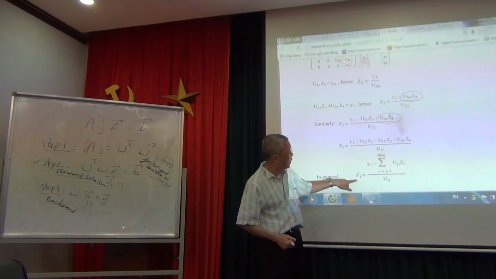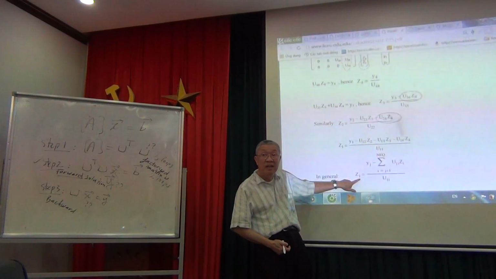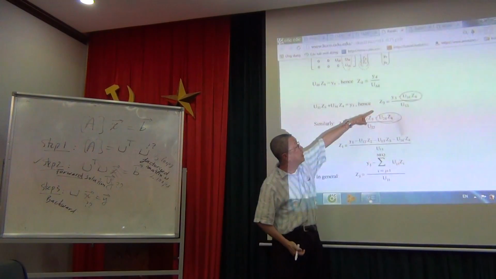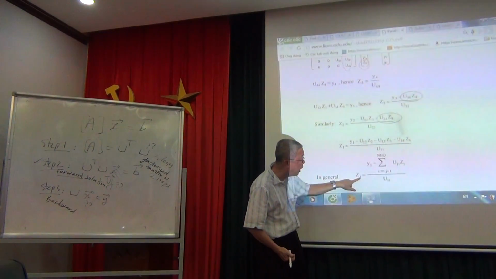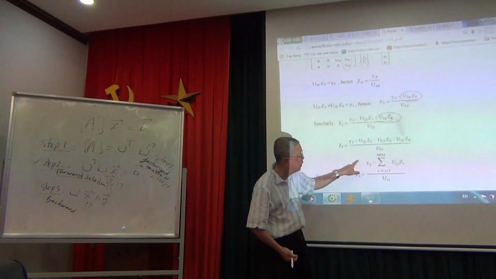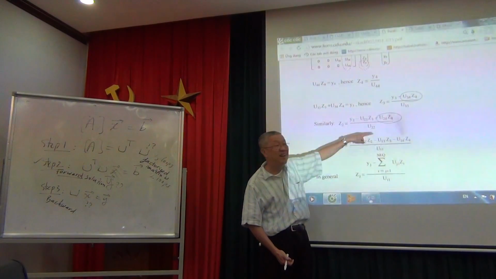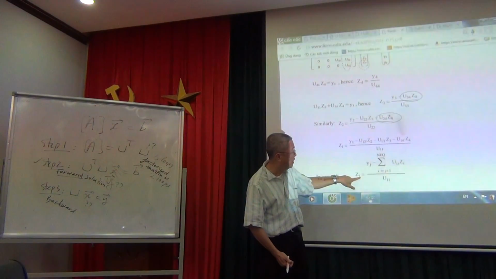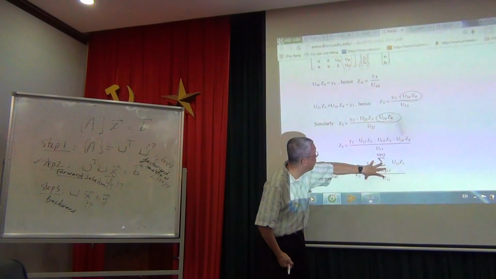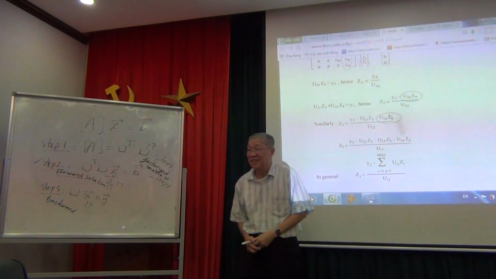Now, of course, if you let j equal to 3, then this formula becomes that. When j equal to 2, this formula becomes this. And when j equal to 1, this formula becomes this.